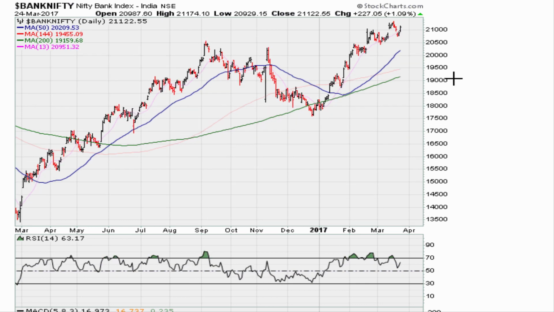Take a look at the Bank Nifty, and similarly here we can see that this is where it broke out. The break moved the market higher, so this entry here in the RSI corresponds with this daily move. Of course, since then the market is higher, as we can see.